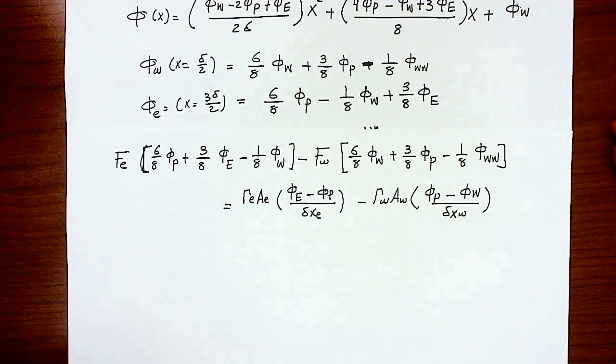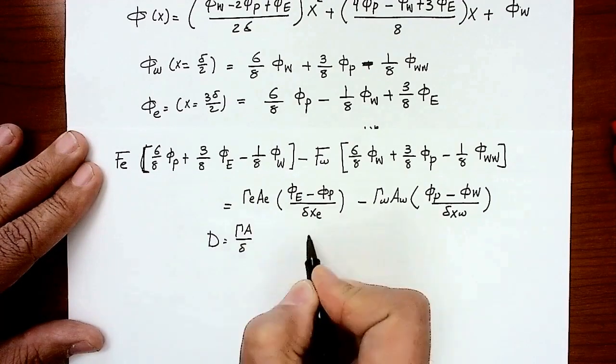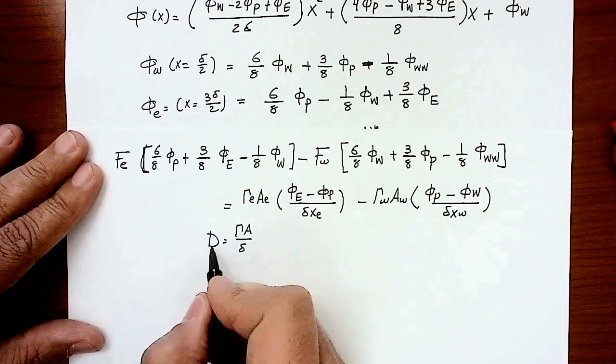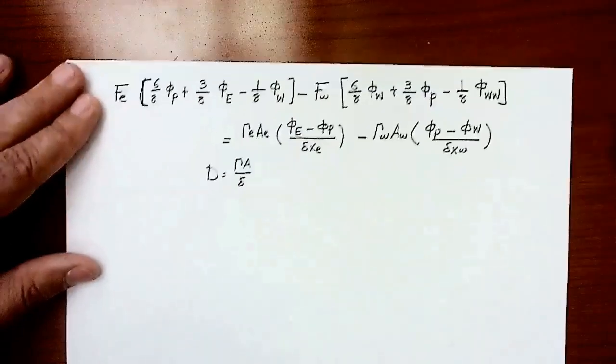Now I can collect the terms. We know that D is kappa A over delta, so that for the east it is going to be D east, and the same for the west. So the equation can be approximated as the following.